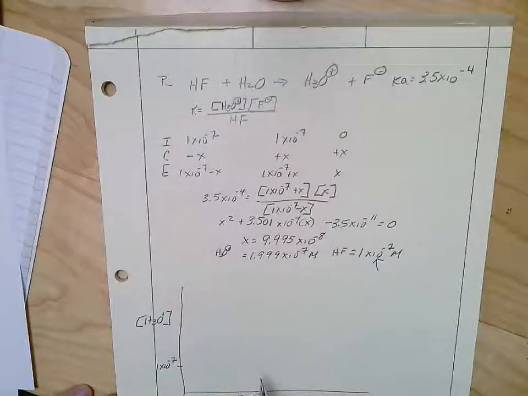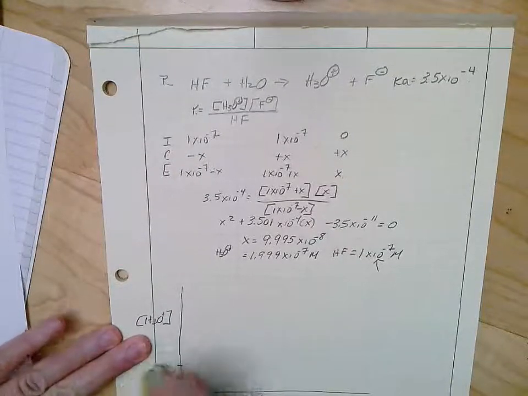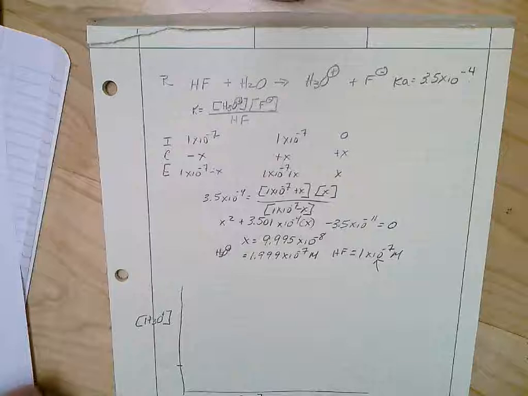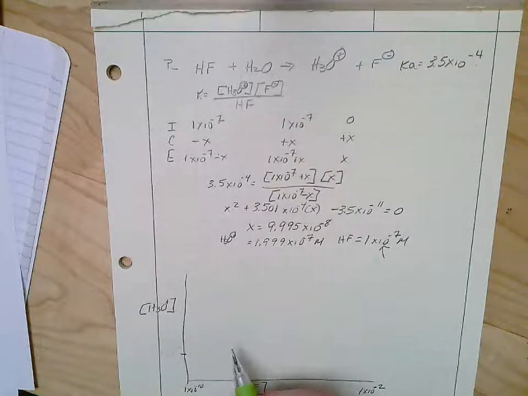And I'm sorry, I've got that on the wrong axis. We have no idea what these values are going to be, but they did tell us what values we had to use here. And they told us to use 1 times 10 to the negative 10th up to 1 times 10 to the negative 2. And I would do several positions along there.